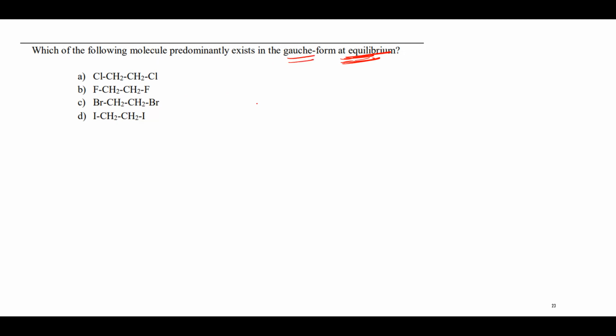So we'll draw the structure of each and every one. If you draw the first molecule, the chloro, I will draw on the top and the remaining hydrogens. Chloro, hydrogen, hydrogen. So the chloro groups are bulky, they try to stay away from each other. So the anti form is the major form for this chloro one.